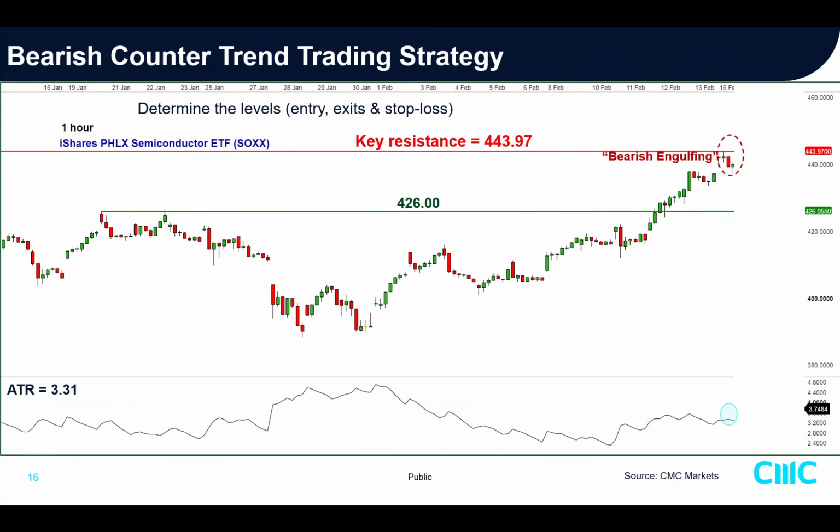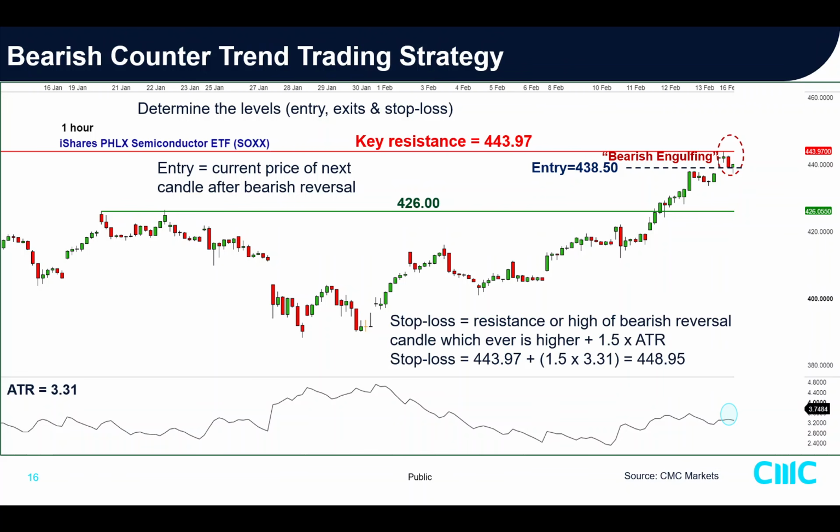Then thereafter I will calculate my entry price, which is my current price of the next candle after the bearish reversal candlestick pattern. So let's say the market price at that point in time is 438.50. The stop loss will be taken on the current ATR of the stocks, the 1 hour time frame, whichever is higher, plus a factor of 1.5 multiplied by the ATR level.